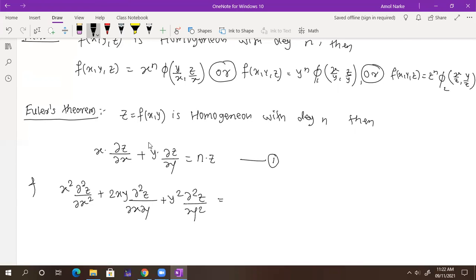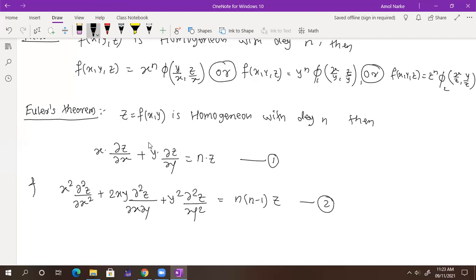The value of this operator is n into n minus 1 into z. So directly, the answer they are giving us. This is the first Euler's theorem. We have another one. Everyone understand this?